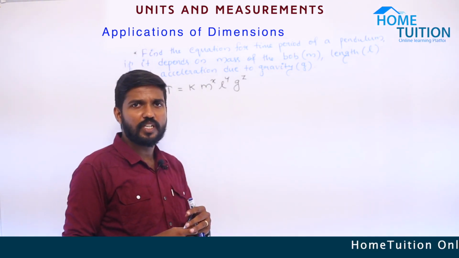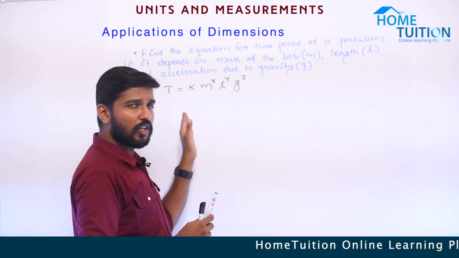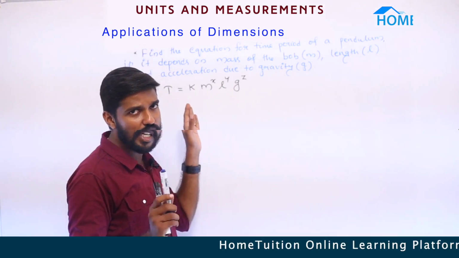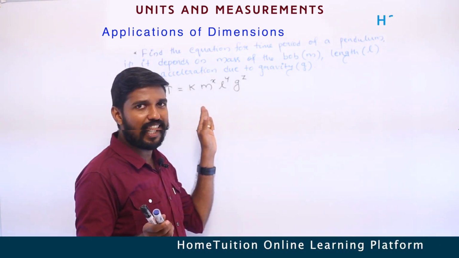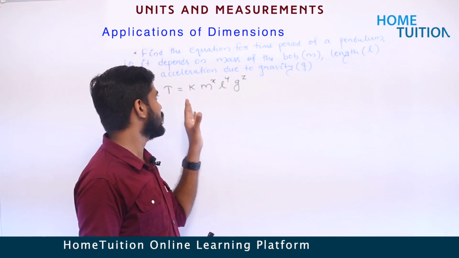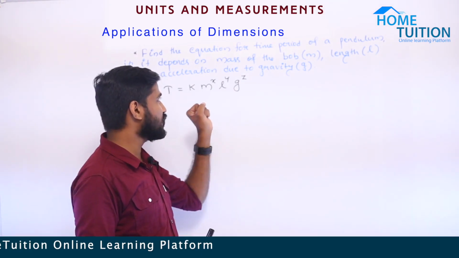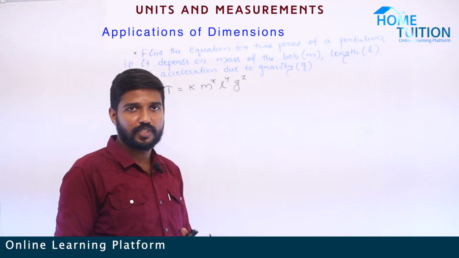Okay, k is a proportionality constant and it is a dimensionless constant. So T equals k into m raised to x, L raised to y and g raised to z.